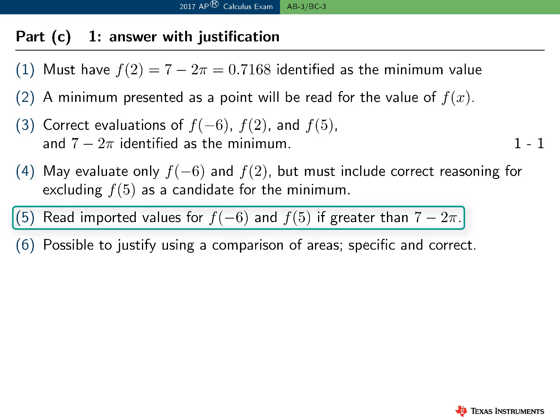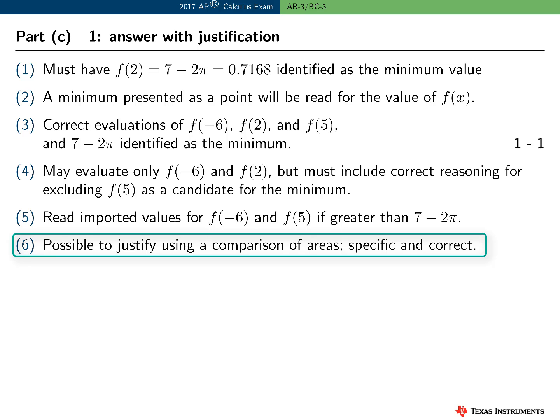The student can import incorrect values from Part A for f of -6 and f of 5, but only if they're greater than 7 minus 2 pi, because otherwise they've changed the complexity of the problem. And it is possible to justify a correct answer here using a comparison of areas, but the student would have to be very specific and of course correct.